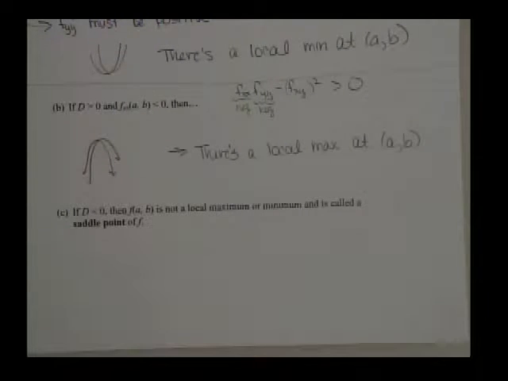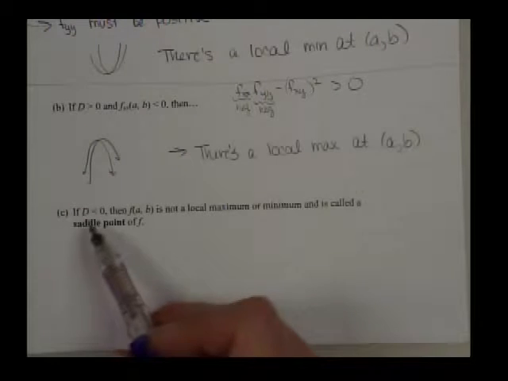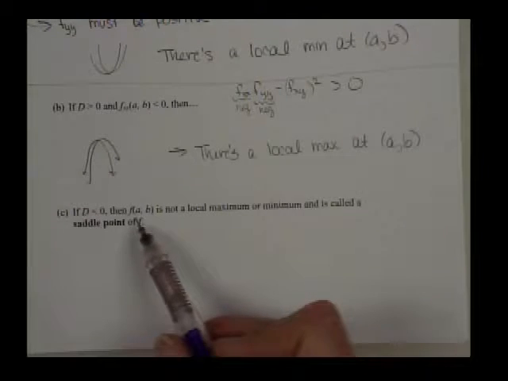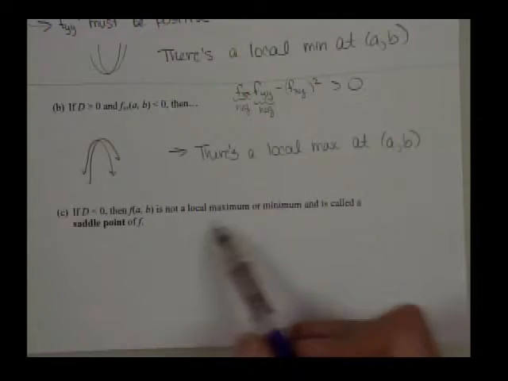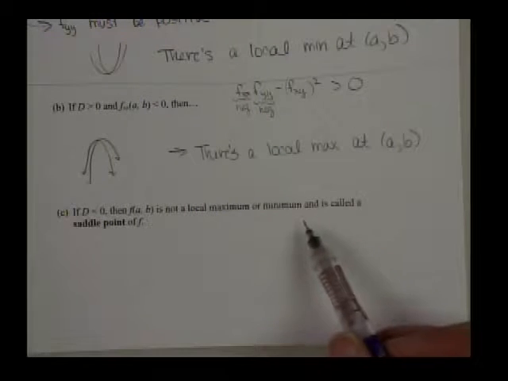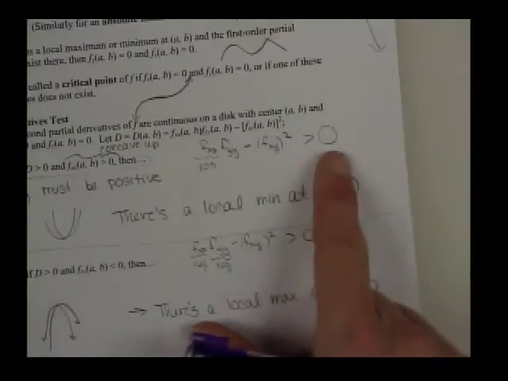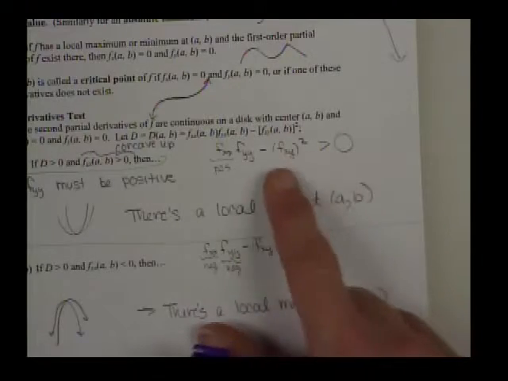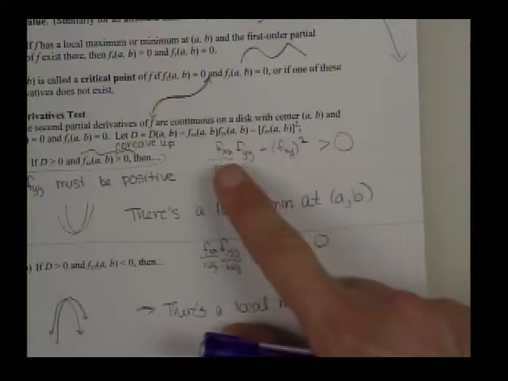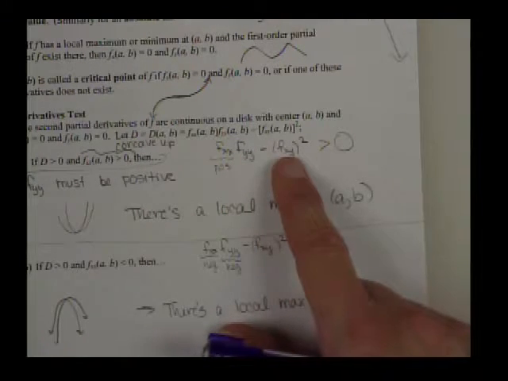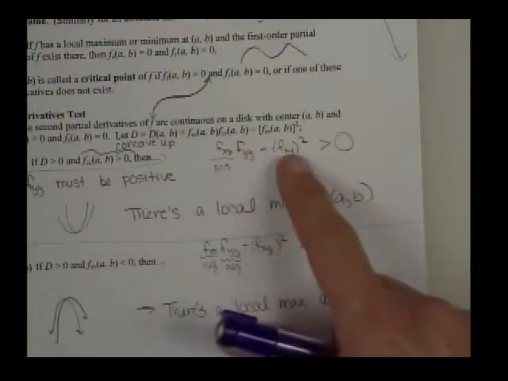C says if D is negative, then f of (a, b) is not a local max or a local min and is called a saddle point. Now, just knowing that this whole expression is negative doesn't really tell us anything about the signs of those three derivatives.